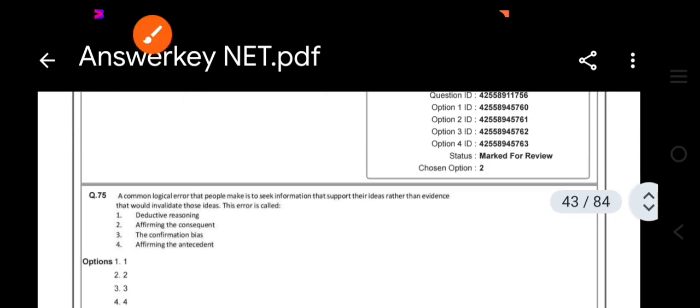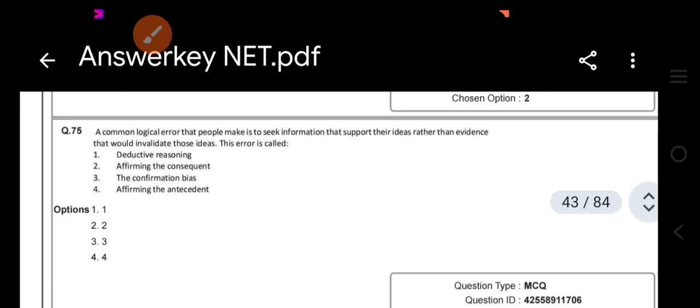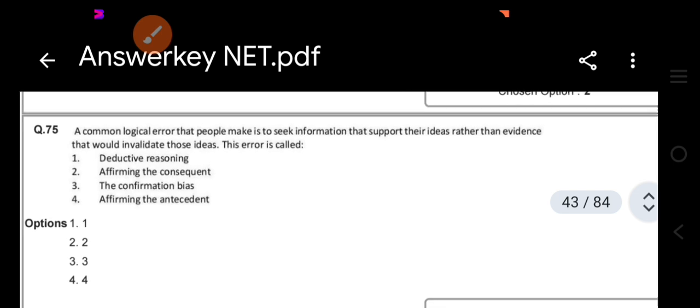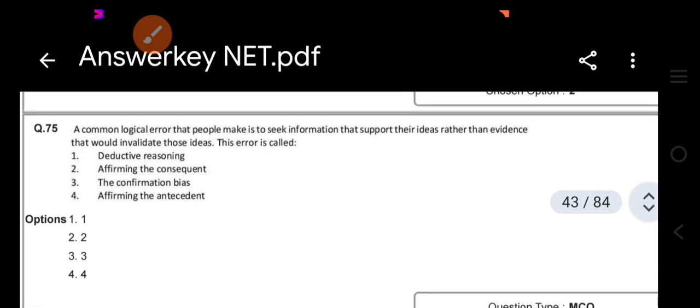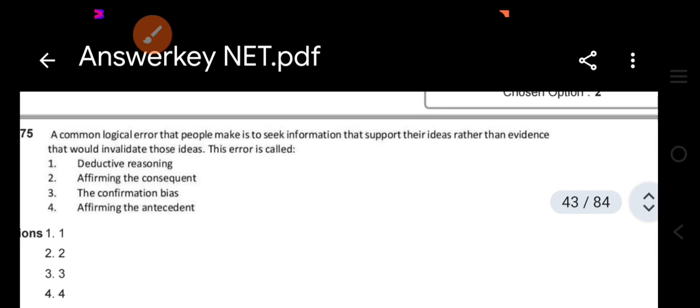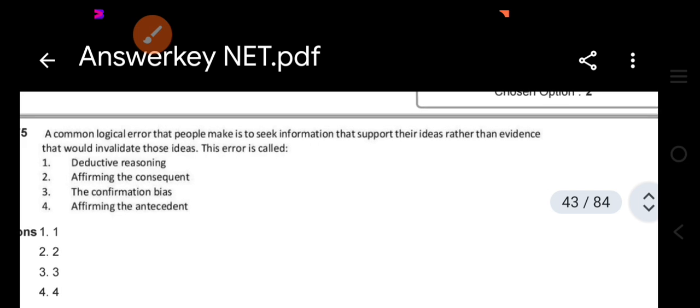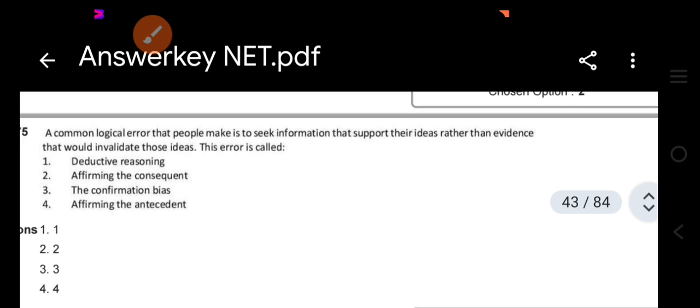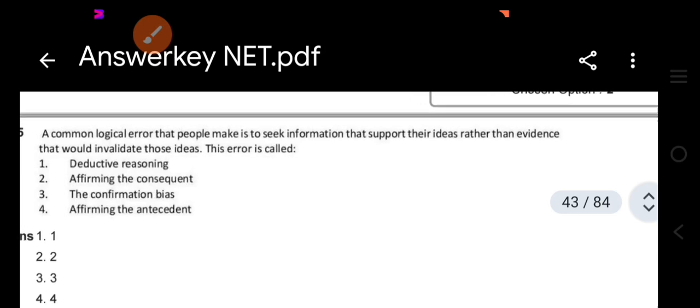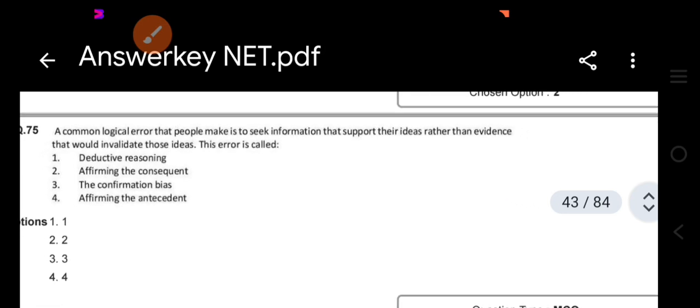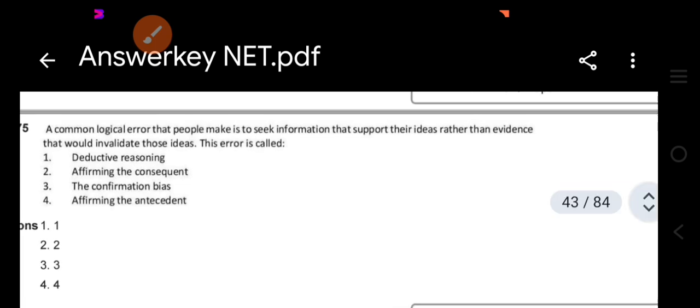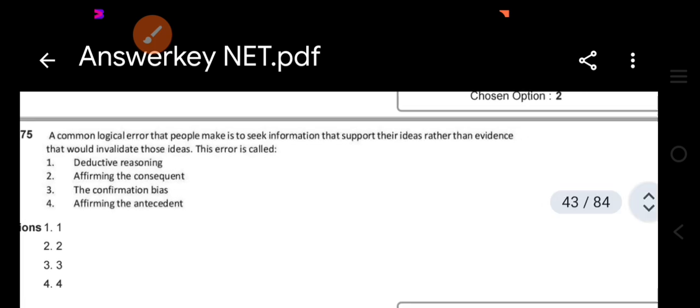The question is asking: a common logical error that people make is to seek information that supports their ideas rather than evidence that would invalidate those ideas. This error is called deductive reasoning, affirming the consequent, confirmation bias, or affirming the antecedent.